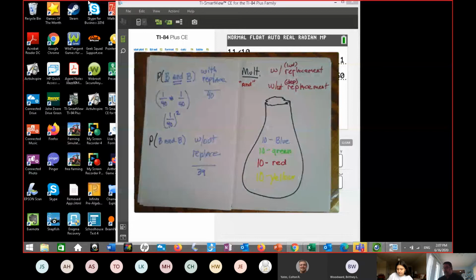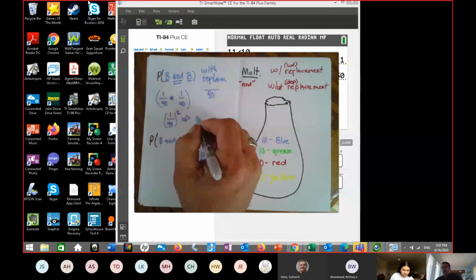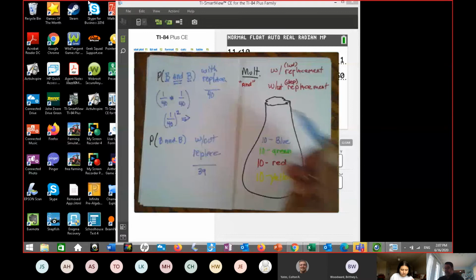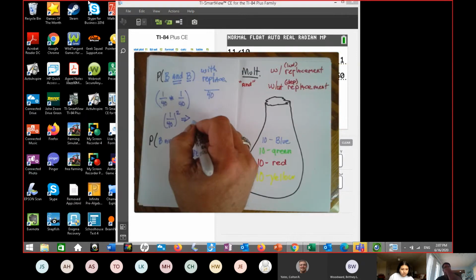Somebody take 1 over 40 and raise it to the second power and tell me what you get. It's going to be very low. The probability of you picking 2 of the same color back to back out of 40 marbles is going to be about 0. It gave me scientific notation.